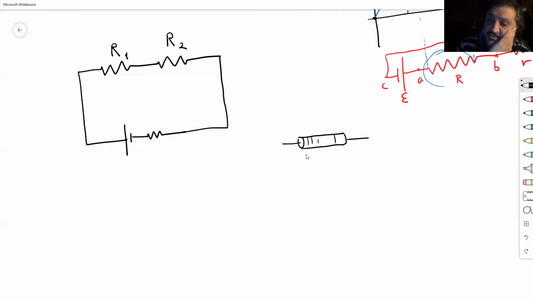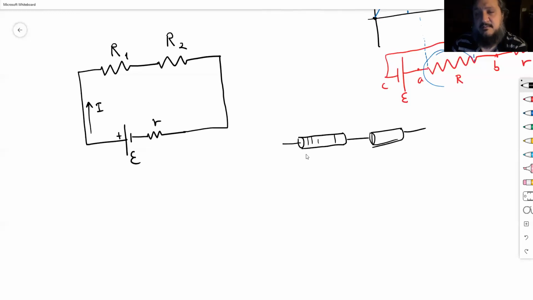So let's say you find two of these and connect them like this. If you remember the capacitors, how we connected them in series and parallel, we can do the same thing here as well. Suppose you had it like that, and then you have this internal resistance, and then you have your EMF. It's the positive terminal. So there will be a current going through the circuit, all right?